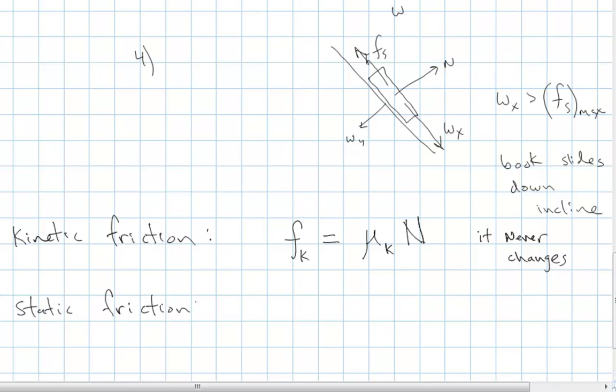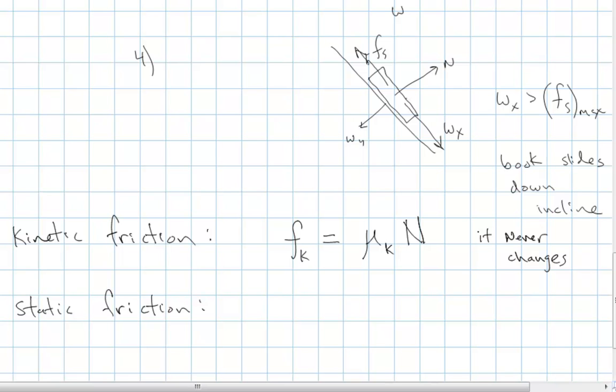Static friction is a little more complicated, as we've just talked about. It changes, so we never know exactly what it is from a formula like this for friction. We have to figure it out from other information in the problem. If we knew the angle of the book and the mass of the book, we could figure out that the static friction force had to be equal to the weight in the x direction in this previous example I just drew.